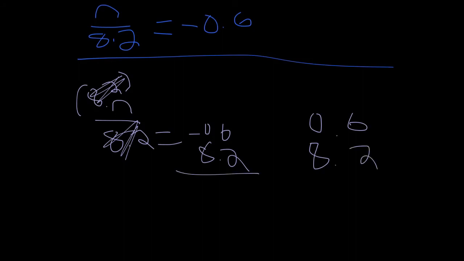8.2 times 0.6. And 6 times 2 is 12, so carry the 1, 6 times 0 is 0, plus 1 is 1. And then you add the 0. 8 times 6 is 48, so 8, carry 4, and then 8 times 0 plus 4 is 4.